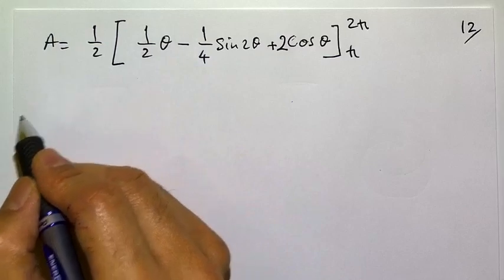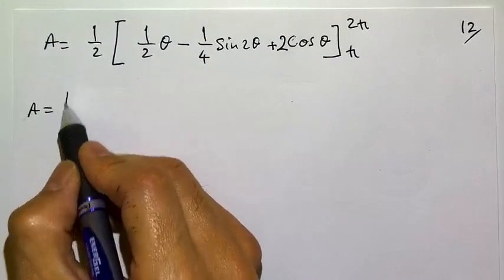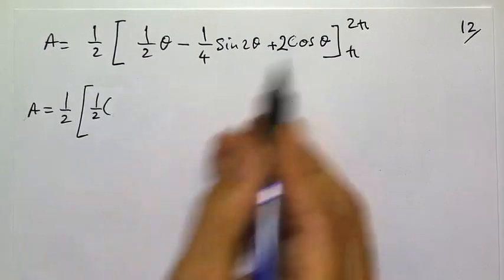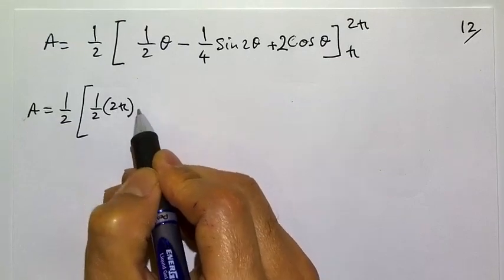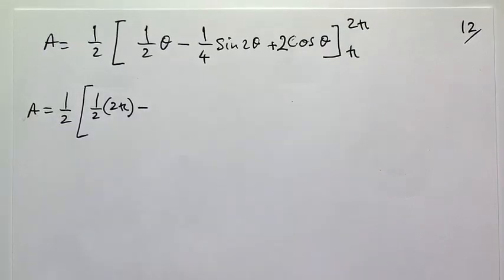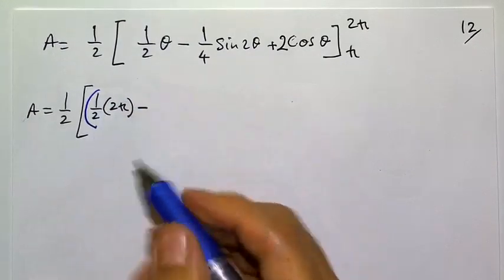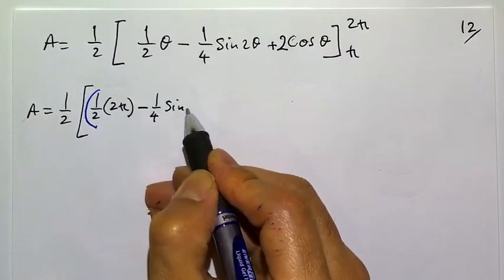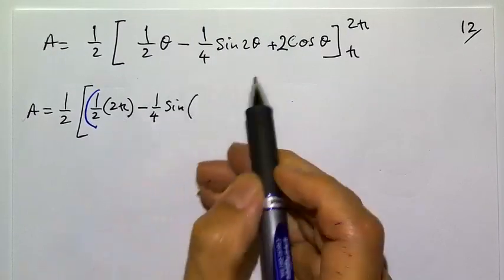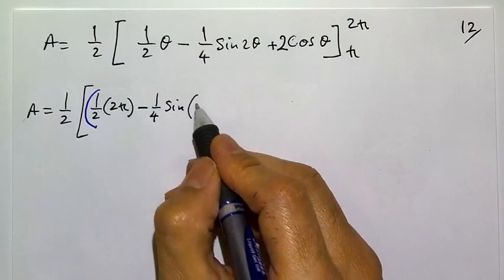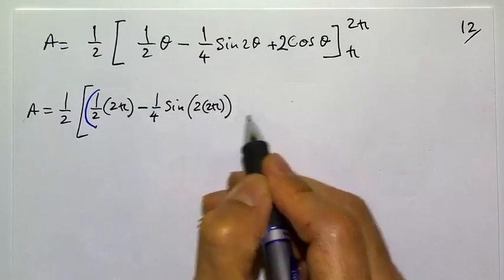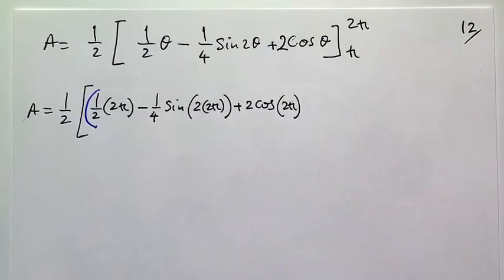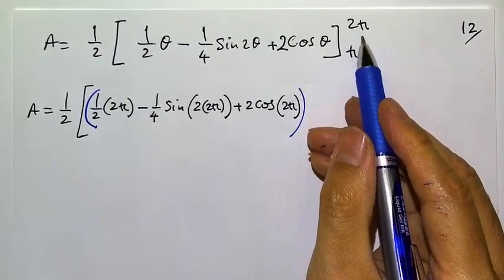So we have area equals 1/2 times 1/2 times 2 pi. And I will put maybe another parentheses here. And then minus 1/4 sine 2 times 2 pi plus 2 times cosine of 2 pi. So we're done with 2 pi.